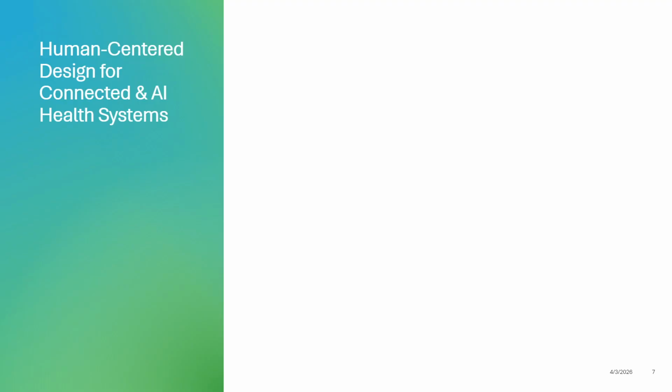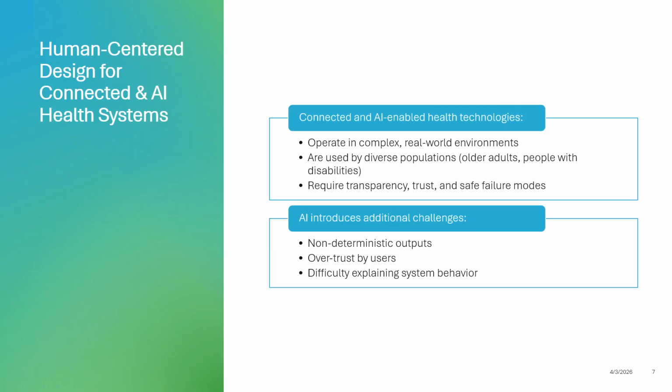And this problem is amplified with AI, because when we have these complex systems that are working in real world environments and that are used by diverse populations, we really need to have transparency, we need to create trust, and we need to create safe environments.